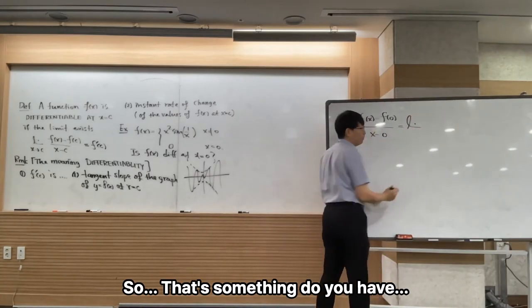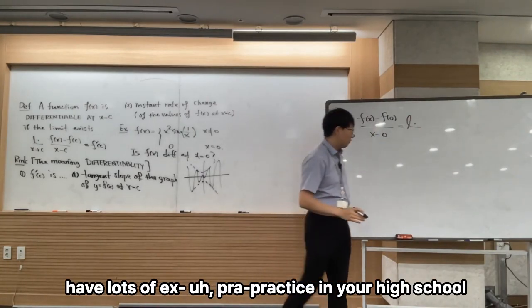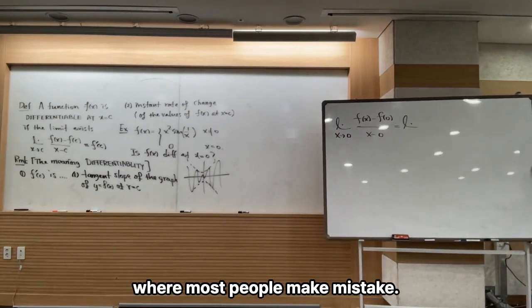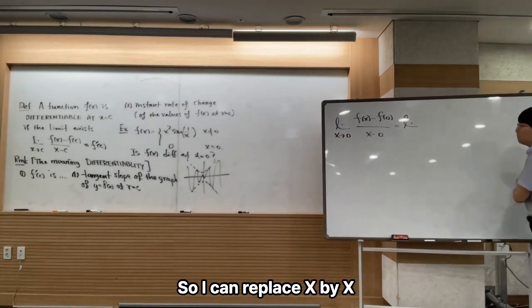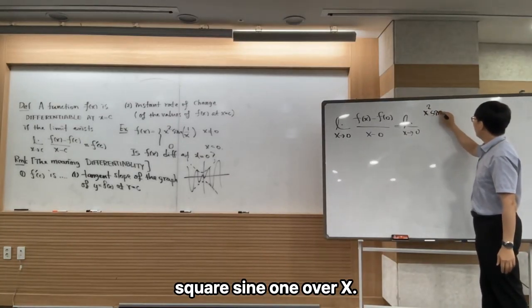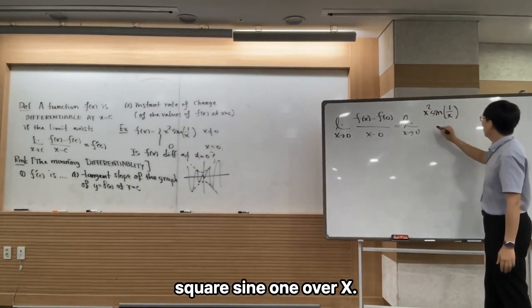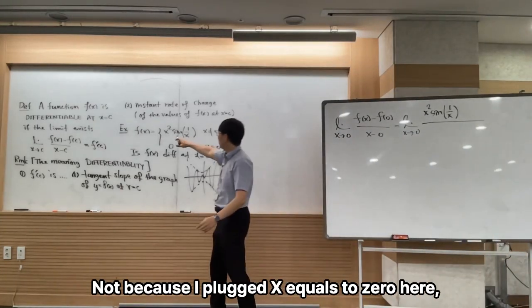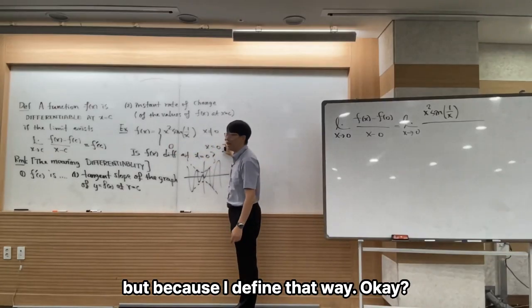That's something you practiced a lot in high school, because that's the place where most people make mistakes. So I can replace f of x by x squared sine 1 over x. And what is f of 0? It's 0, not because I plugged x equals 0 here, but because I defined it that way.